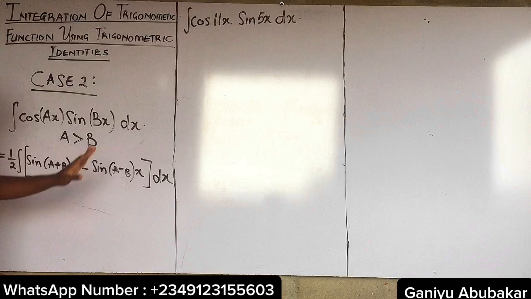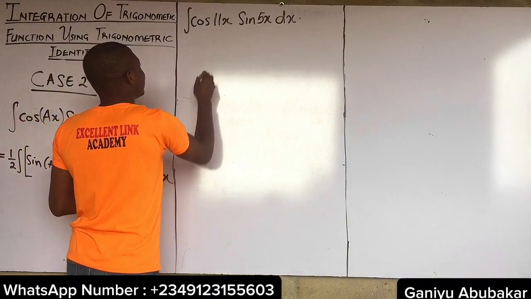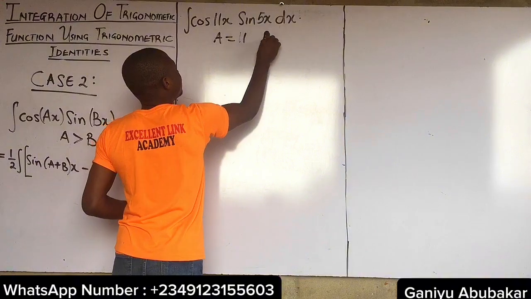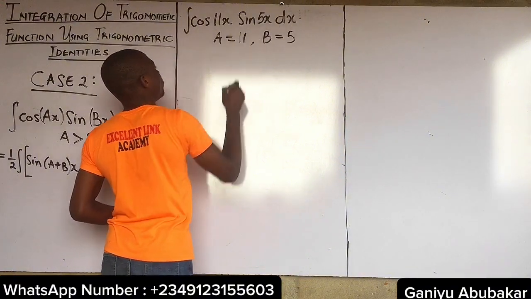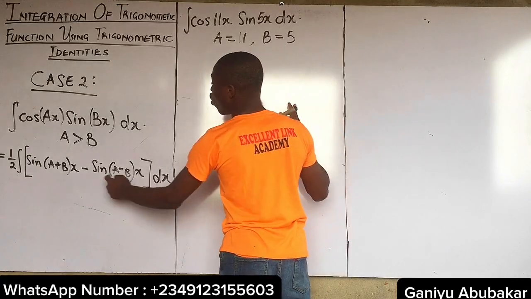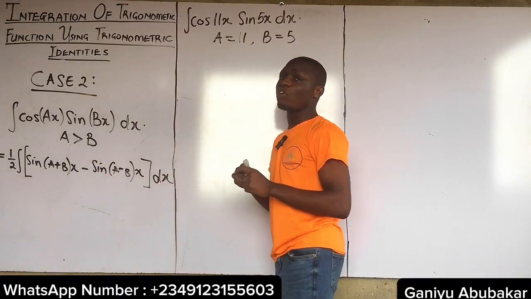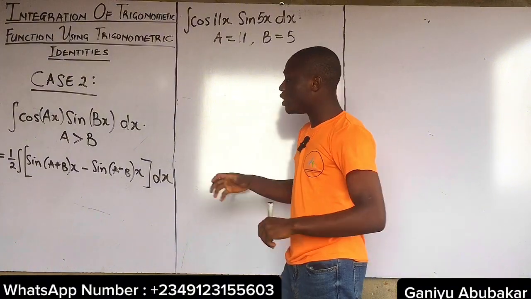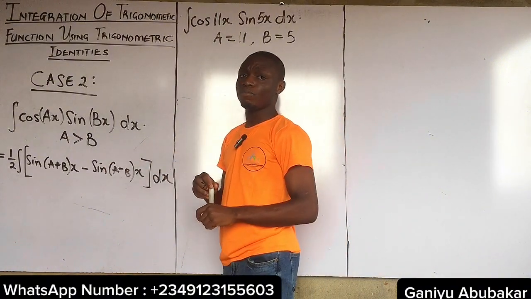For this technique, first let's get A and B. A is 11 and B is 5. No problem. So I want to solve this one now, and I need to recall the expression. The idea of solving any problem under integration of trigonometric functions is: can you recall the mathematical expression?